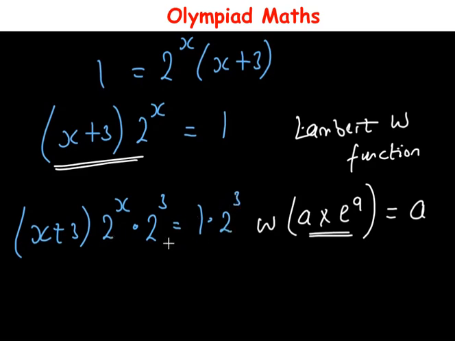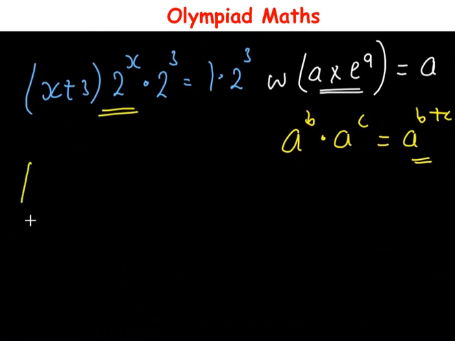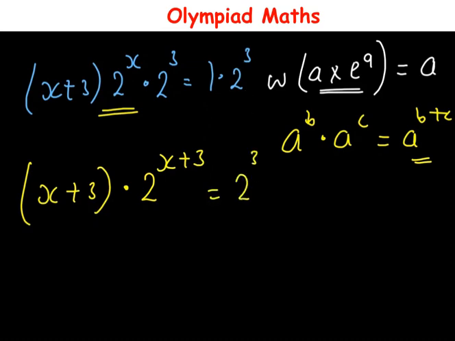Now, following the rule of indices that a raised to power b times a raised to power c equals a raised to power b plus c, we have the same base, so we pick one and add the powers because they are joined by times. So x plus 3 is equal to 1 times 2 raised to power 3.